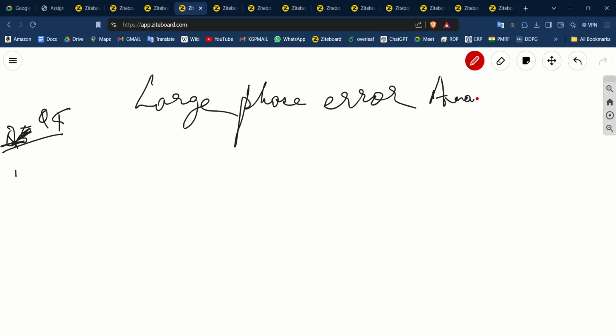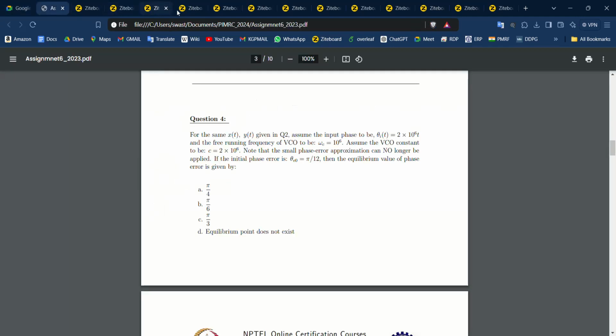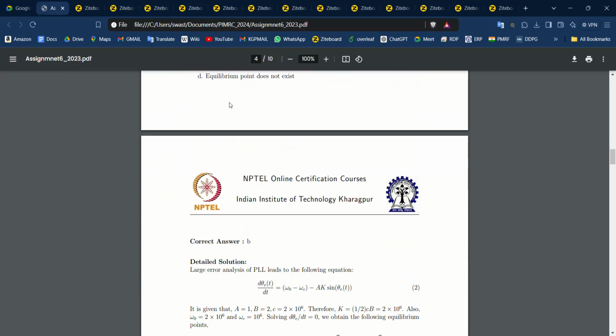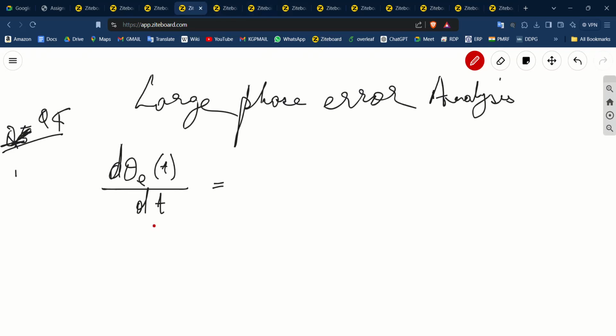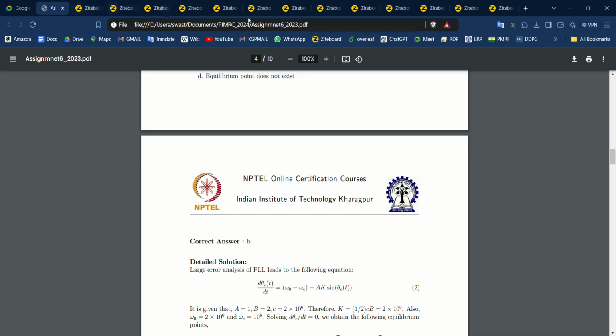Okay, so for large phase error analysis, d theta e t by dt is equal to omega naught minus omega c minus a k sin theta e t.